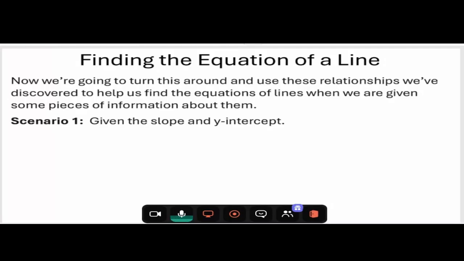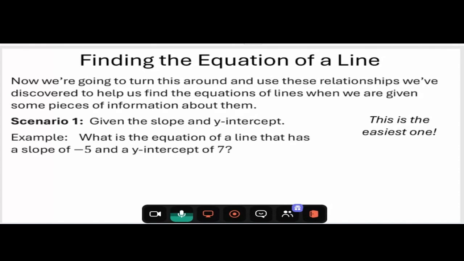We know that y equals mx plus b is the equation of the line. So this first scenario here is the easiest one of all: if we are given the slope and the y-intercept. For example, what is the equation of a line that has a slope of -5 and a y-intercept of 7? Well, that's everything we need, right?